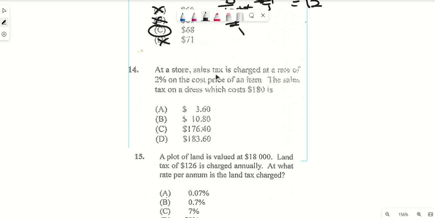At a store, sales tax is charged at a rate of 12% of the cost price of an item. The sales tax on the dress, which costs 180, is, so before they changed this up, they used to ask you what is the tax.